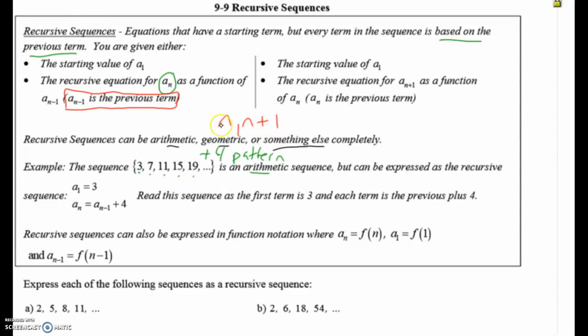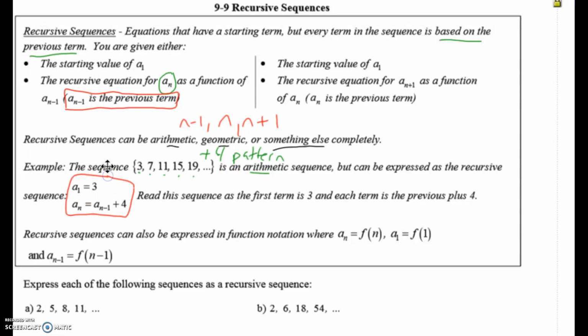Well, the way I get to the one before this is I subtract 1 from it. So n minus 1 is right before n. It's the previous term of n. Basically, you have to train yourself that when you see a sub n minus 1, you think of the word previous. And so this sequence here can be expressed recursively as this.